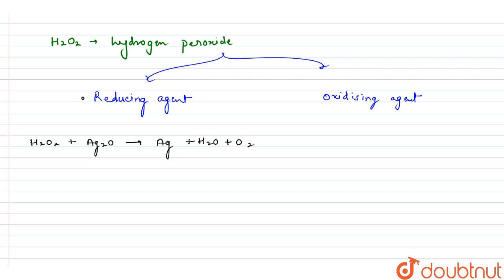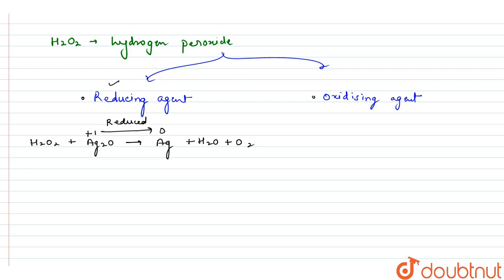In this case, we have just seen that the oxidation state of silver is +1 here and it goes to 0 here. I haven't calculated 0 because any substance in pure form always has an oxidation state of 0. So silver is being reduced here, that is, the removal of oxygen is also taking place. So H2O2 acts as a reducing agent here.